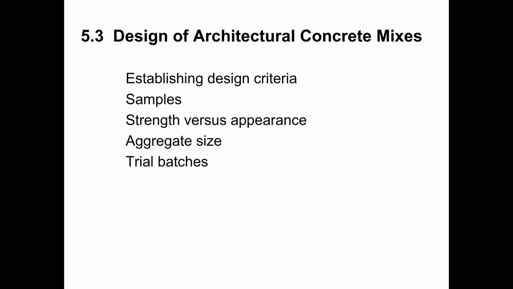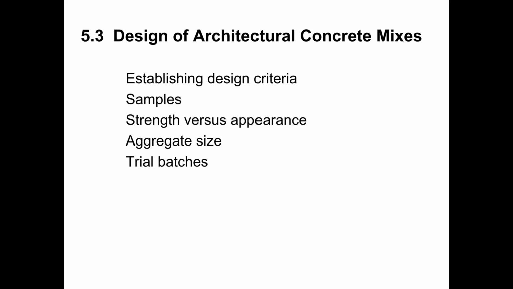All right, sometimes with architectural production, we use two different mixes in a panel. Architectural face mixes tend to be more expensive than regular structural mixes. So in order to economize the cost of a project, we may use the architectural face mix for the couple of inches that are the face of the panel, and then fill the remainder of the panel with a structural mix.